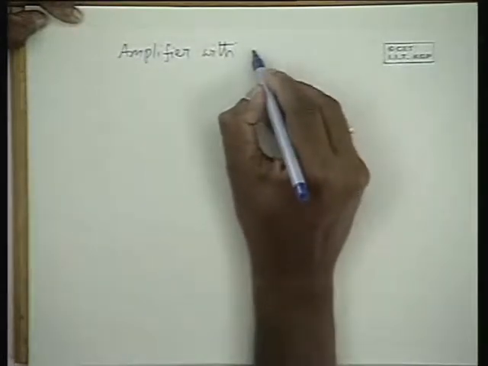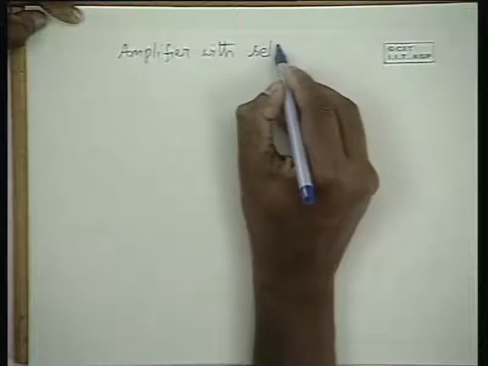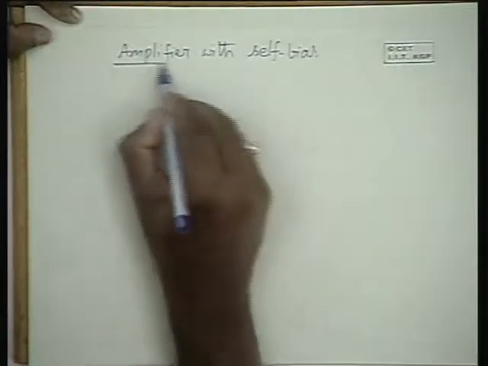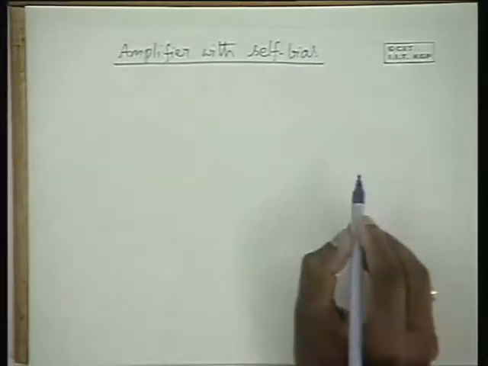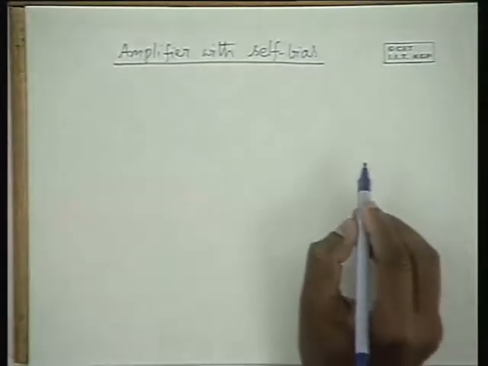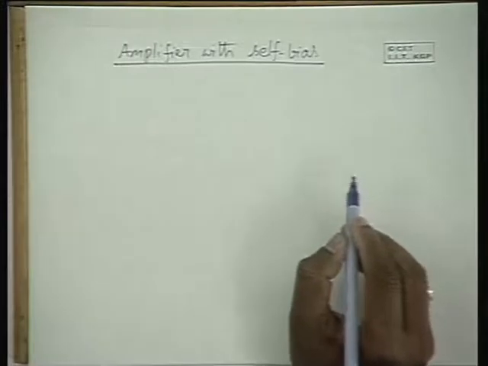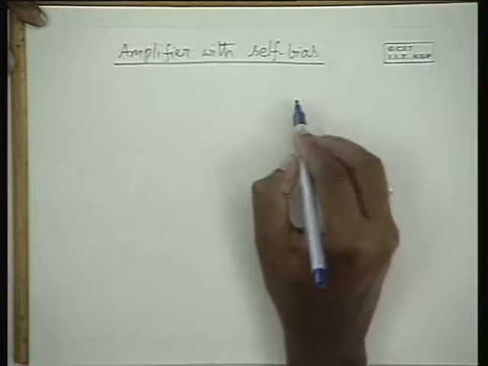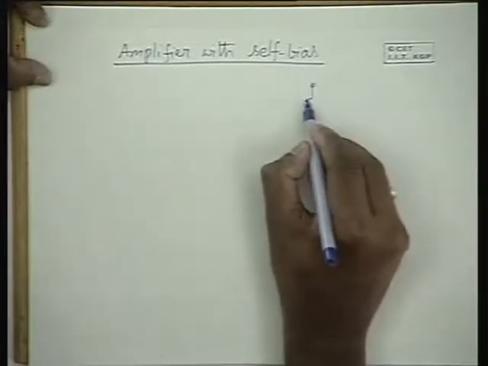Amplifier with emitter bias or with self bias. Let me give you the circuit. The circuit of the amplifier is like this.